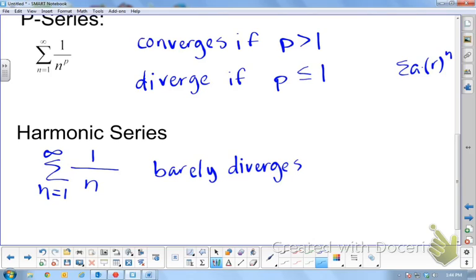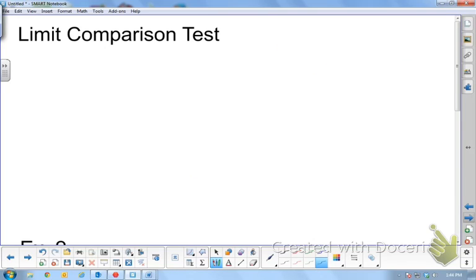Okay, so we've talked about our integral test. So now we have nth term, direct comparison, ratio, integral. Now we're going to have the limit comparison test, which is similar to the direct comparison test.